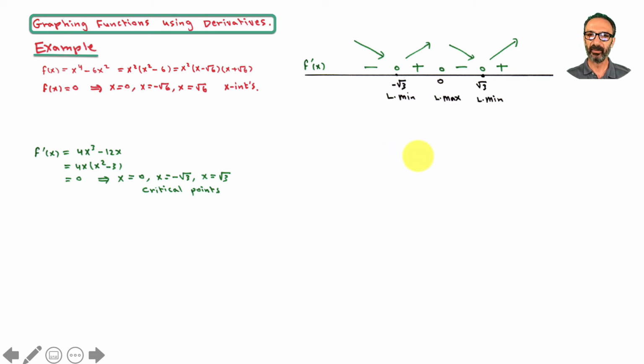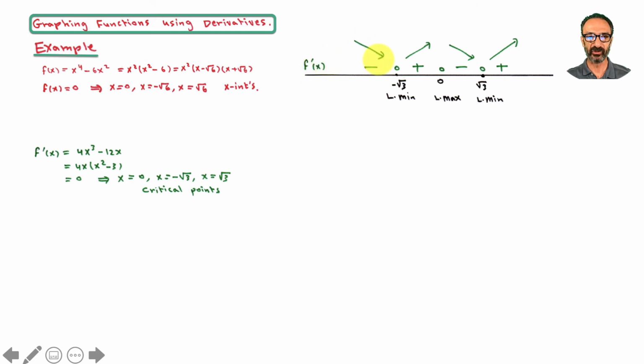I'm saving you some time because of the concept. I don't need to waste your time showing you what I'm plugging in and how to factor this, because it's similar to this. So anyway, we have a minus, plus, minus, plus, just by plugging in some numbers for f prime. Negative for f prime means decreasing.